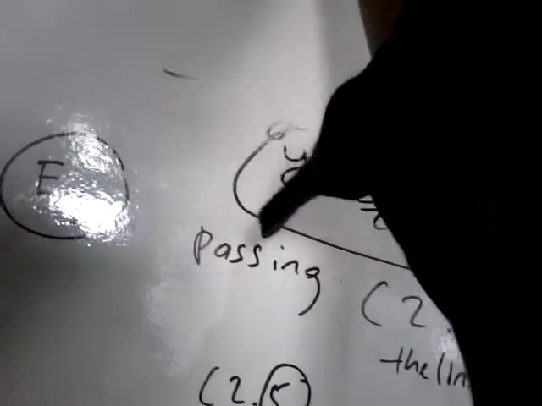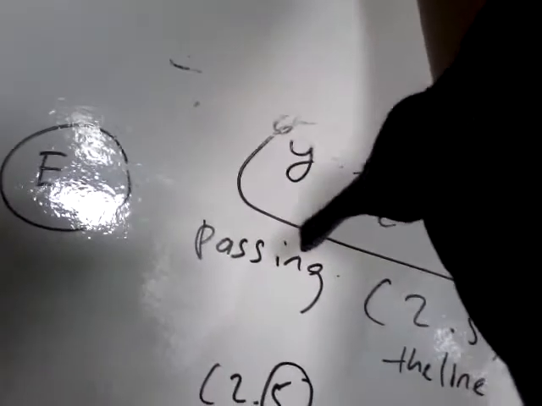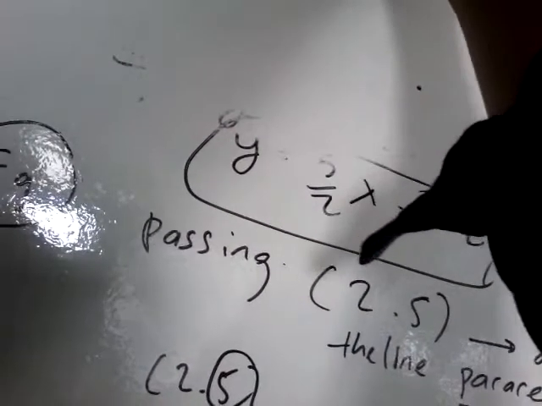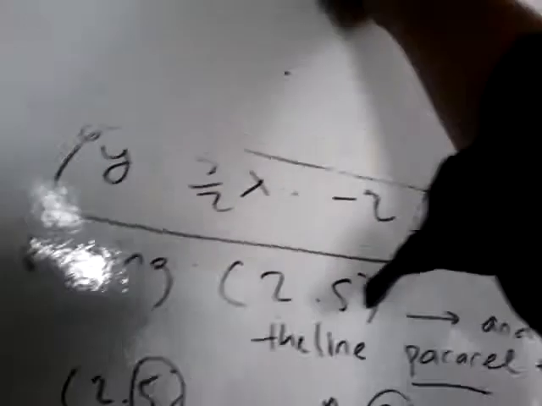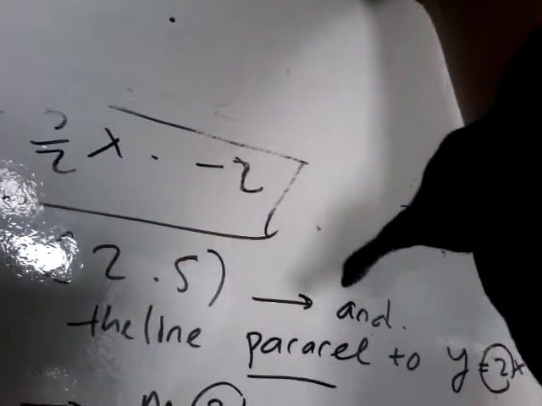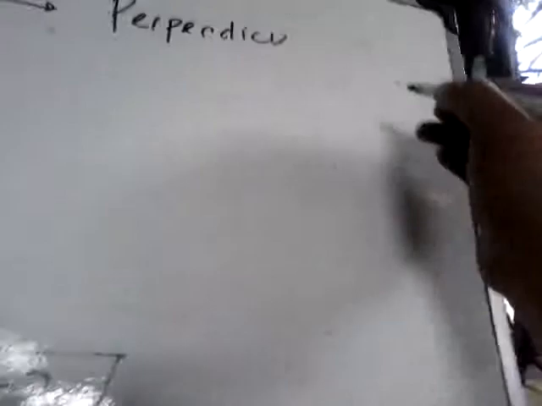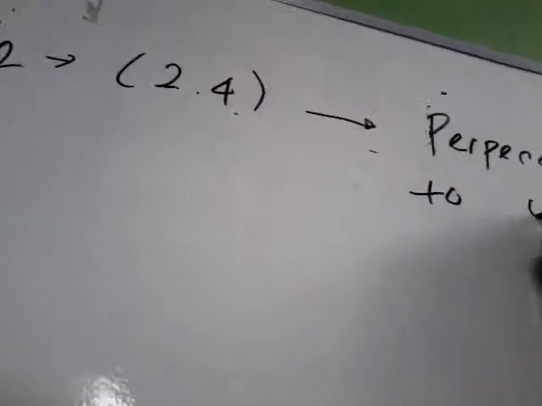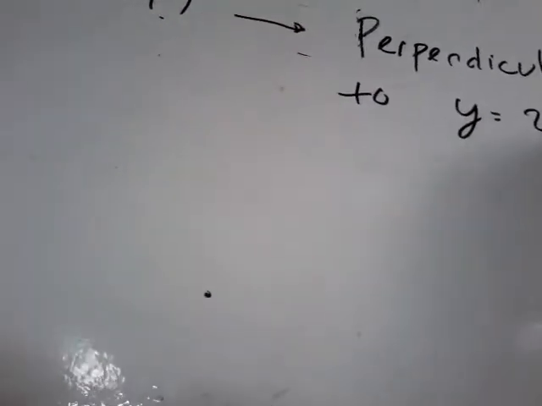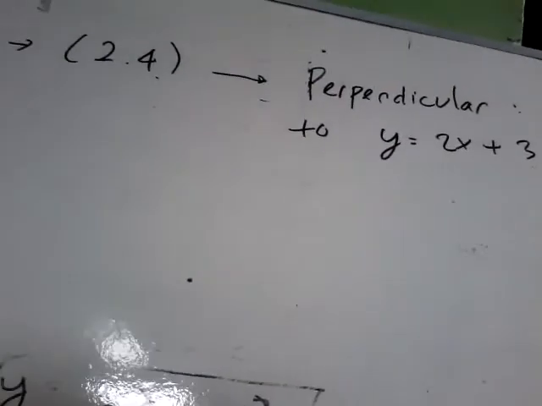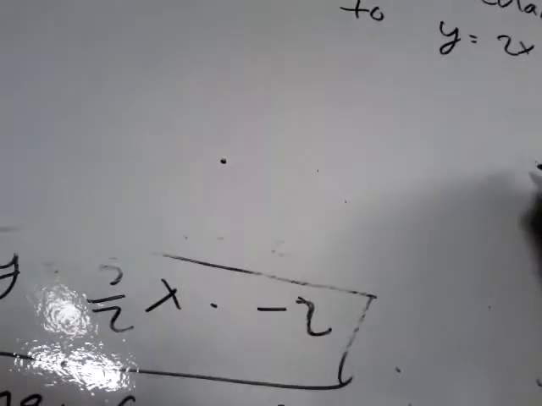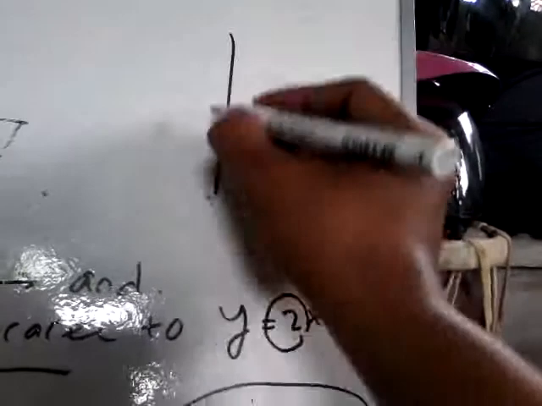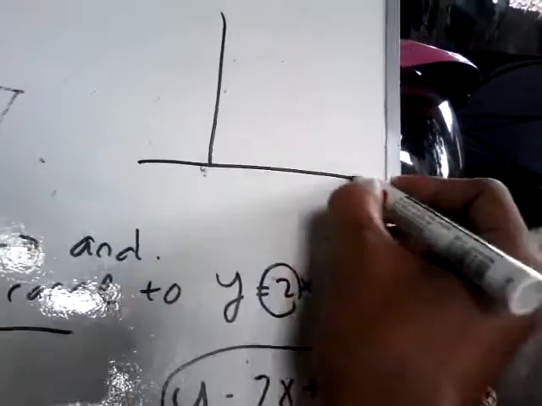Okay? Now, how about if the line passes through (2,4), but this line is perpendicular to y equals 2x plus 3, for instance. Perpendicular is like this. If there is a line like this, the perpendicular should be like this.